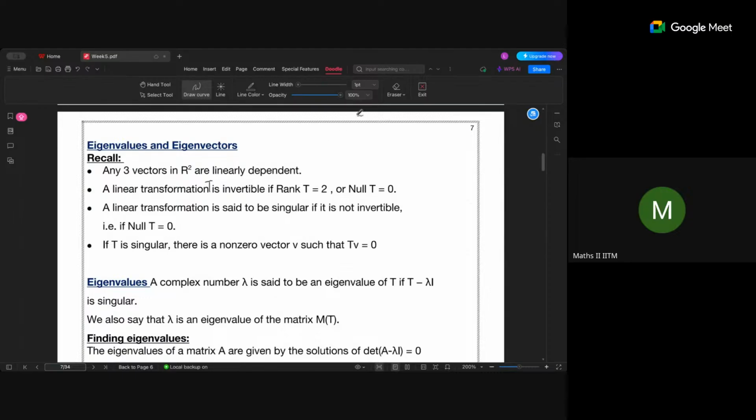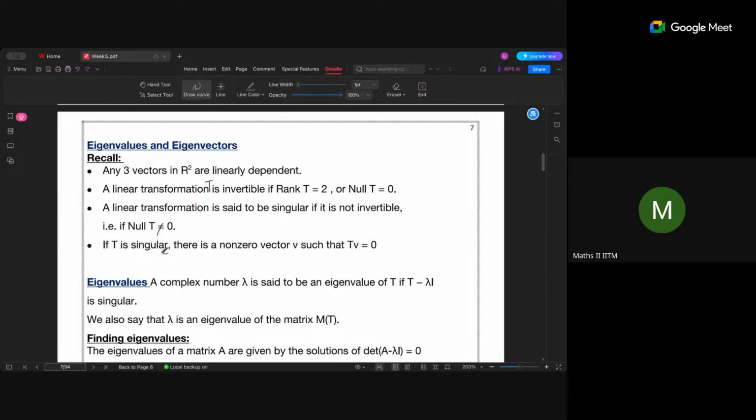Here there is a mistake. When null of T is 0, it's said to be invertible. So for not invertible, it's non-zero, right? Null of T is non-zero.